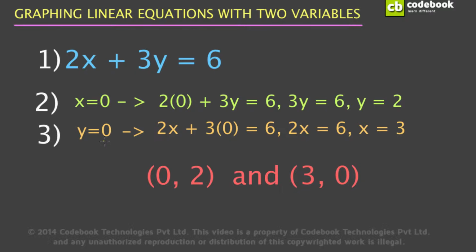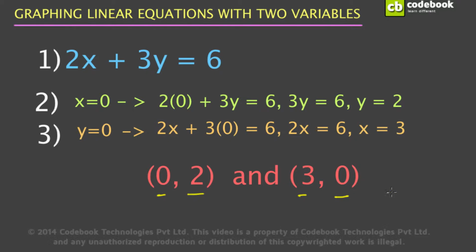Similarly, the third step is to substitute y equal to 0, and you will have 2x + 3 times 0 equal to 6, which is nothing but 2x = 6 and x = 3, because 2 divides 6 3 times. So you end up getting 2 points. In step 2 you have (0, 2), and in step 3 you have (3, 0).